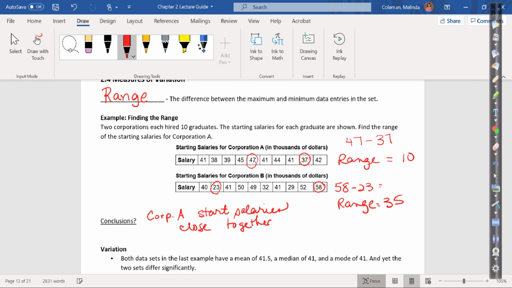There's less variation in the starting salaries. So there is more variation in Corporation B starting salaries.